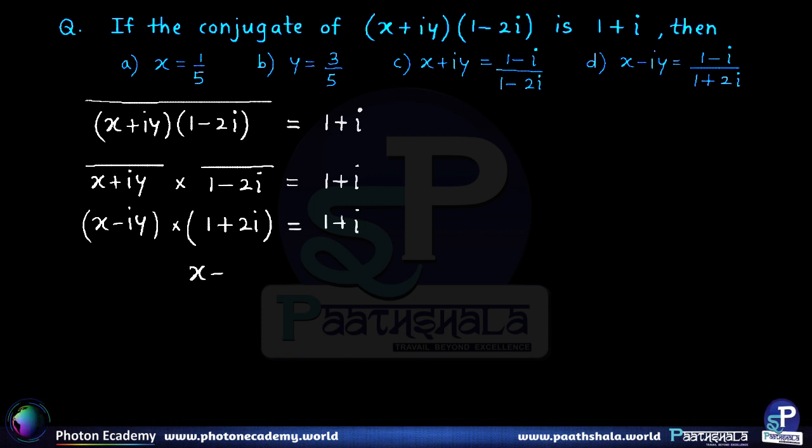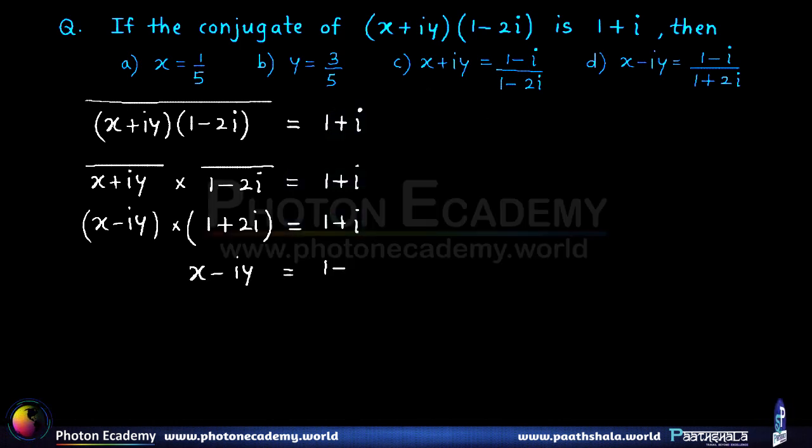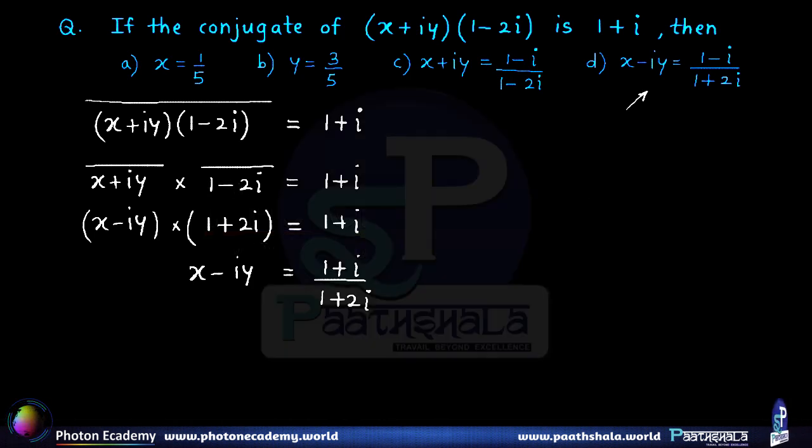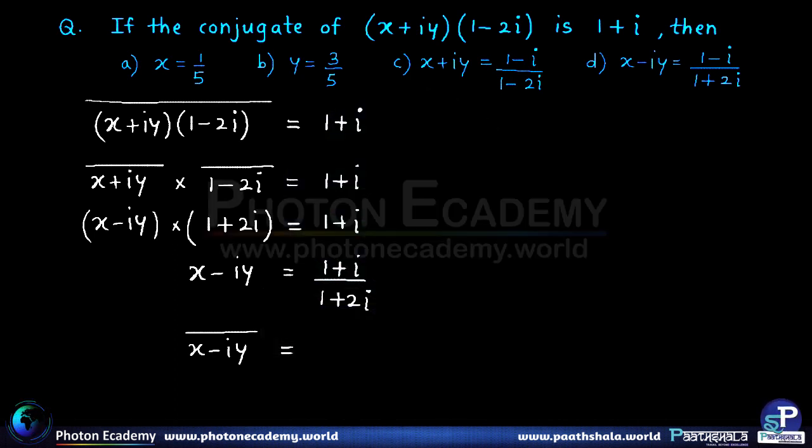So that gives us x minus iy is equal to 1 plus i upon 1 plus 2i. Now we see that x minus iy is given as one of the options, but there the numerator is 1 minus i, whereas we have got 1 plus i. So we have to try the other possibility, that is x plus iy. We take the conjugate of both sides, so the conjugate of x minus iy must be equal to the conjugate of 1 plus i upon 1 plus 2i.